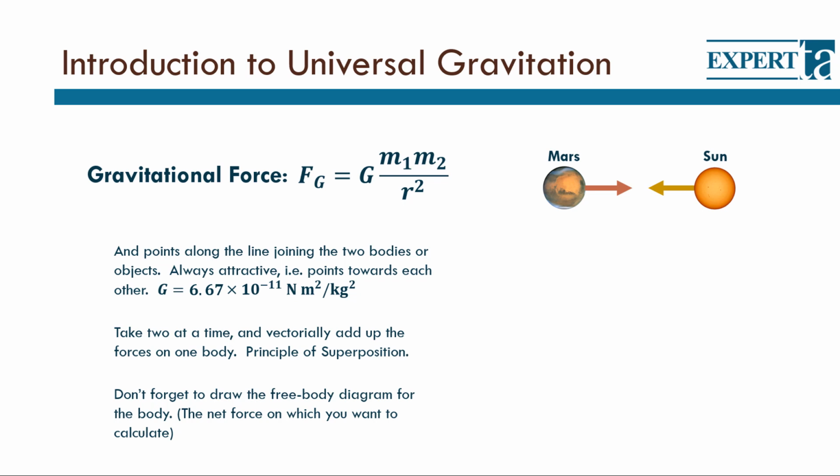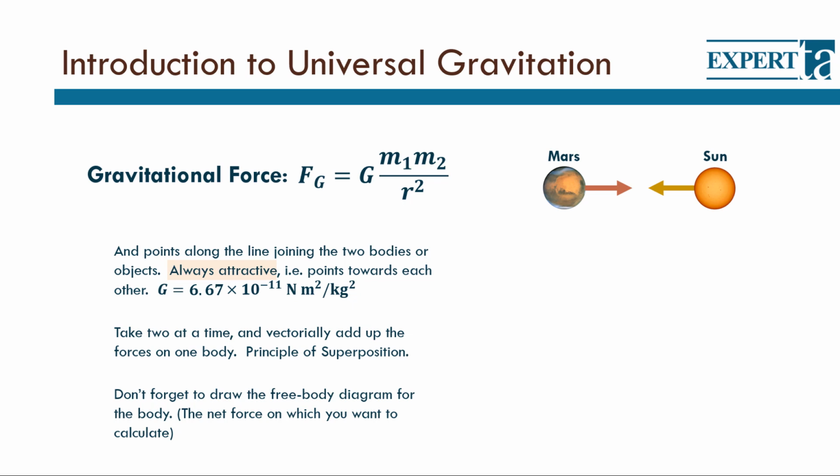This force vector, you have to be careful, always points towards the other object. Gravitational force is always attractive. Why that is, is way beyond this course, so we'll just take that for granted.